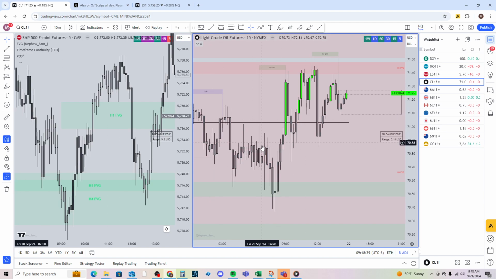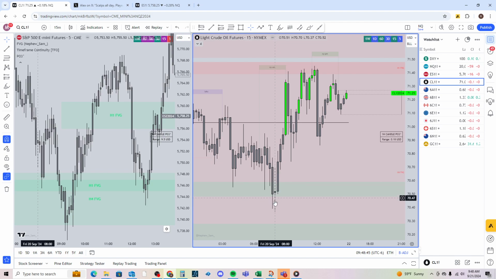Same thing here on CL, crude oil. NY session opens here. Tap into this fair value gap, but don't get a reversal out of it. Tap into it again.